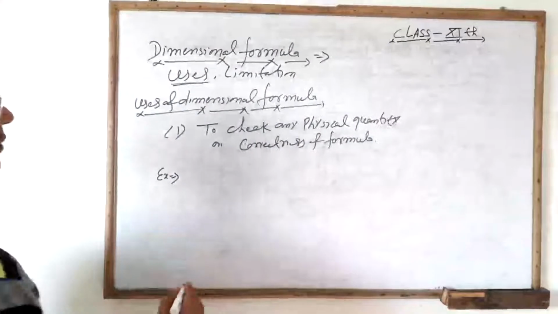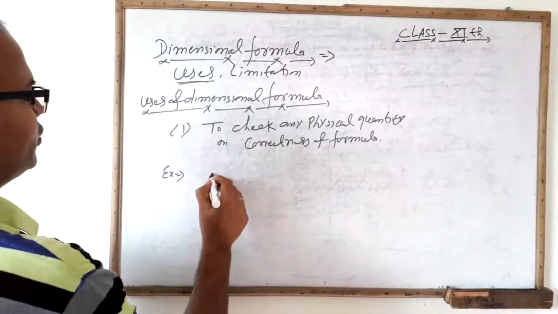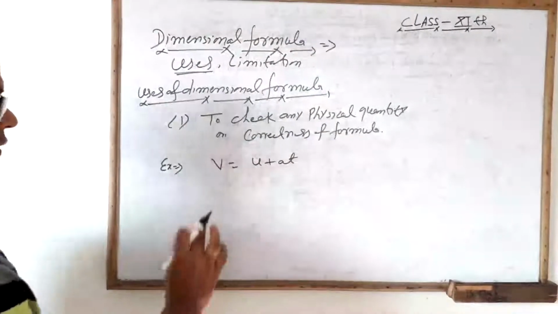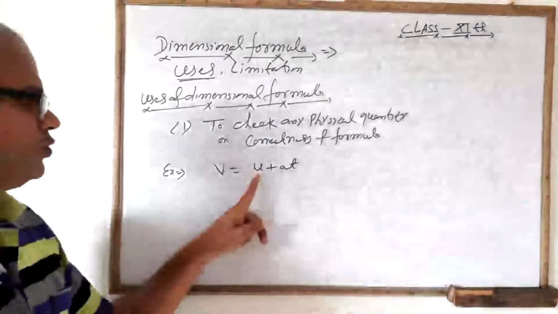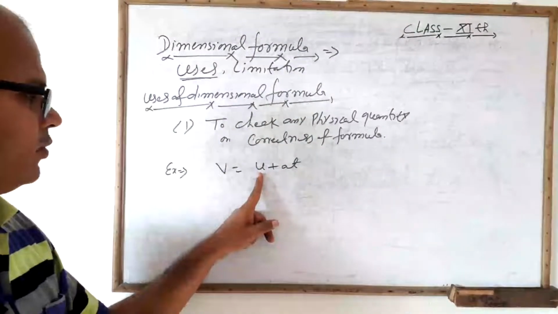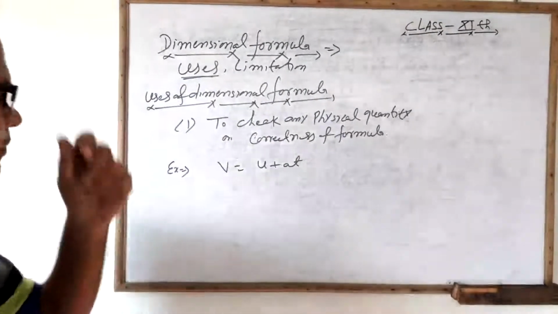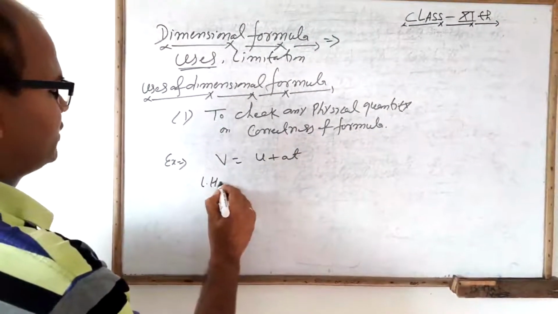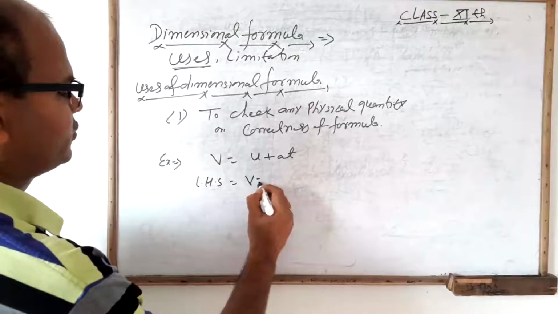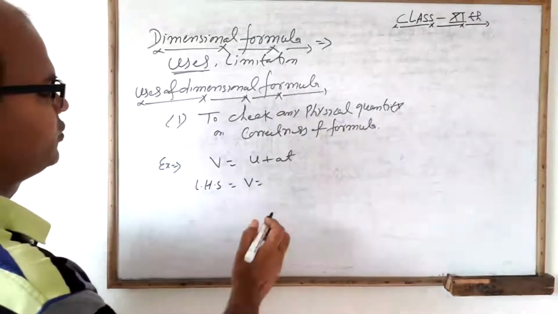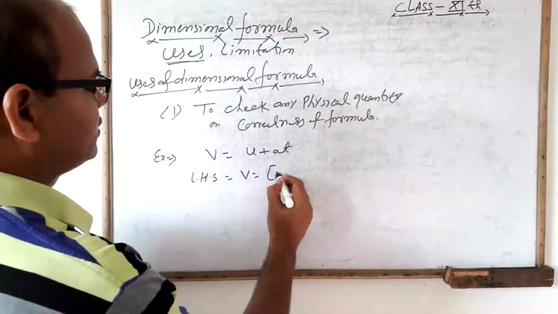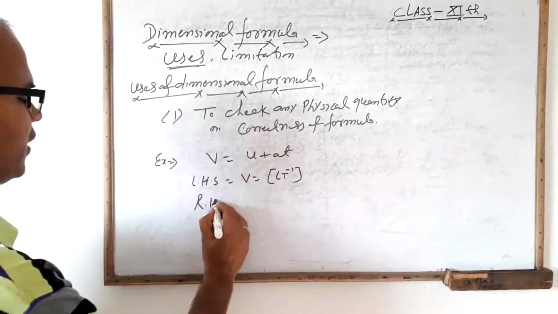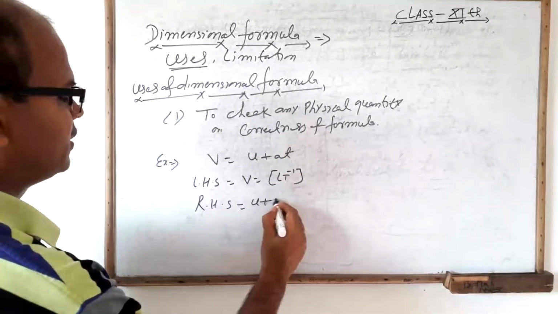I am giving one example. Suppose you know that v equals u plus at, where v is the final velocity, u is the initial velocity, a is the acceleration, t is the time. In this case, LHS is v, velocity, so the dimension is L T inverse. RHS is u plus at.